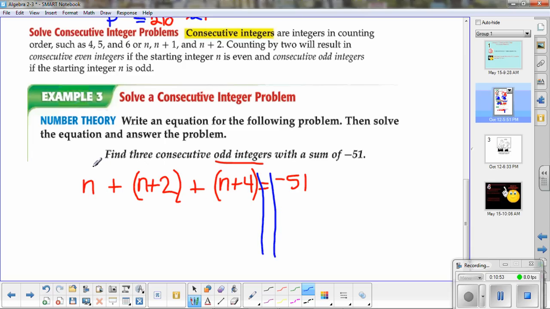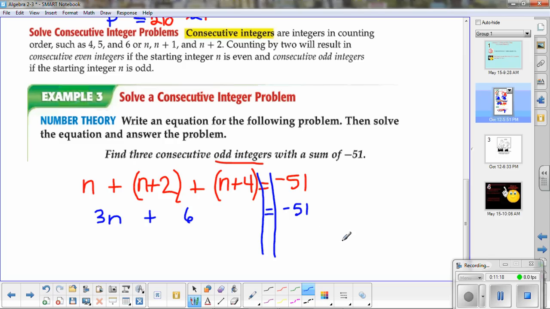If I have n plus n plus n, because remember I can rearrange the order due to the commutative property of addition, n plus n plus n is 3n. And then 2 plus 4 is 6. So I really have 3n plus 6 equals negative 51.